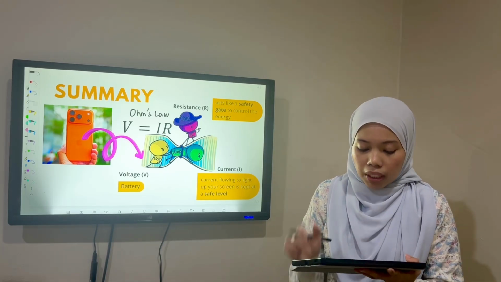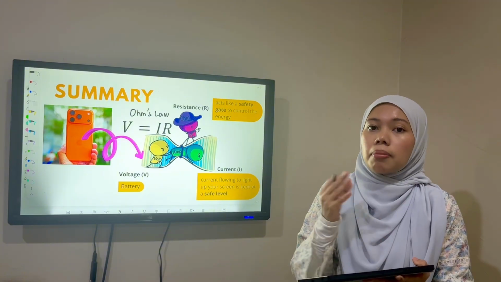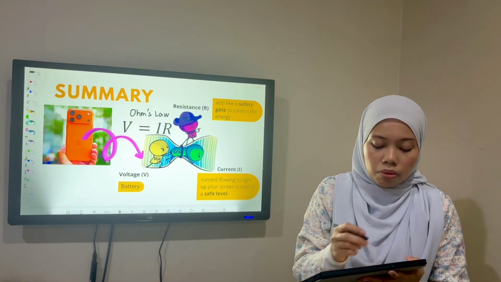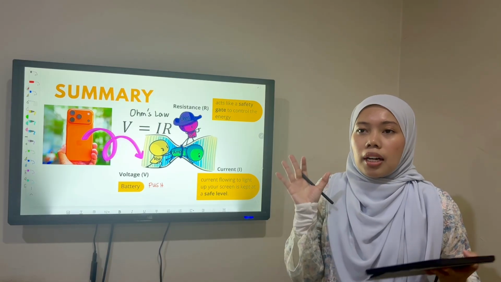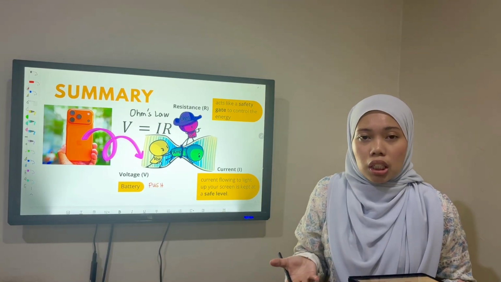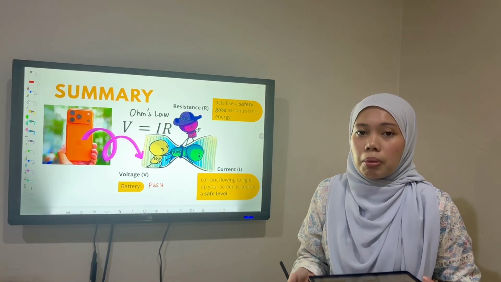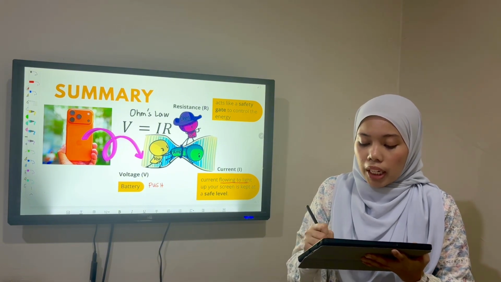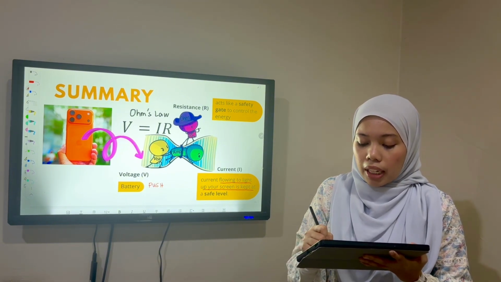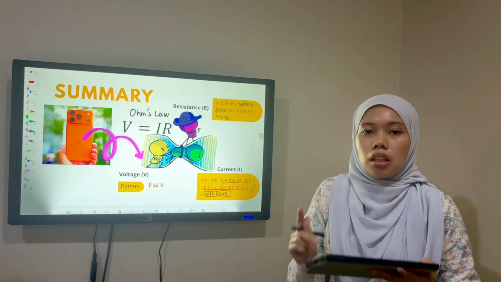As you can see from here, in your smartphone, we have a battery. This battery will provide a push. No matter how much push is given by the battery, the current flowing to light up your screen is kept at a safe level.